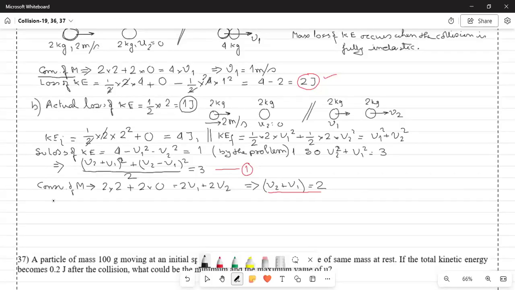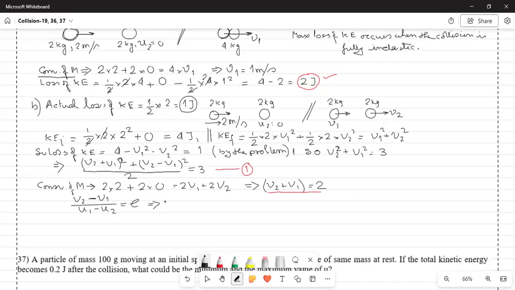Also we know that the relative speed of separation, v2 minus v1, divided by u1 minus u2, that is the relative speed of approach, is equal to the coefficient of restitution e. From here, we know the values of u1 and e.